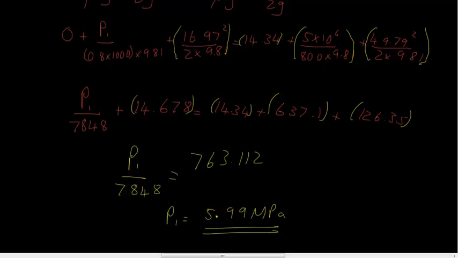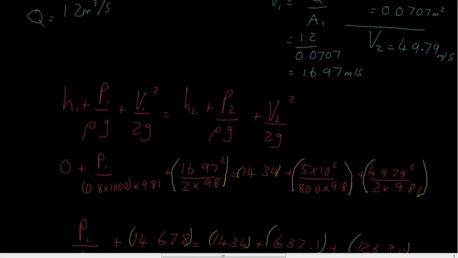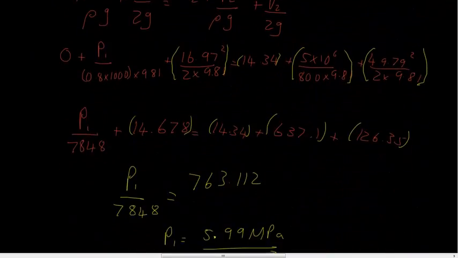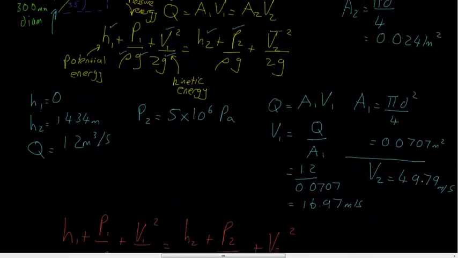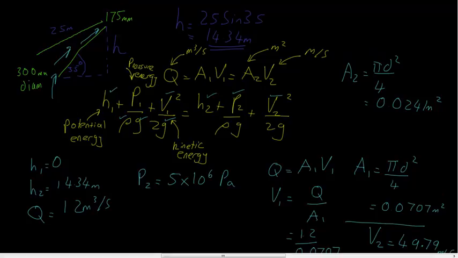So we can see it's going in at 5.99 megapascals. By the time it reaches the top, after the change in head, you only get it at the top at 5 megapascals.